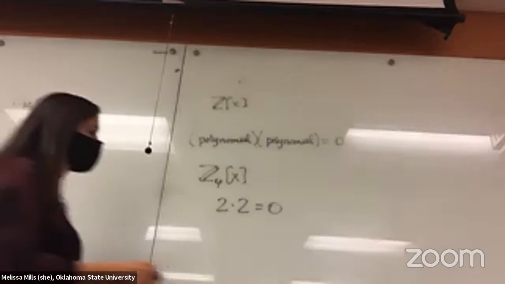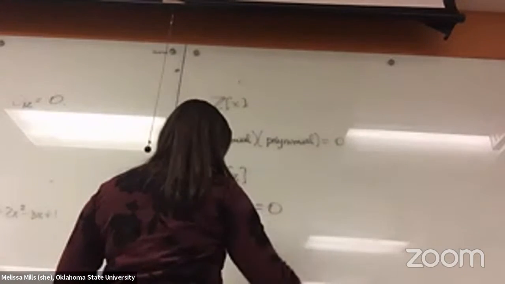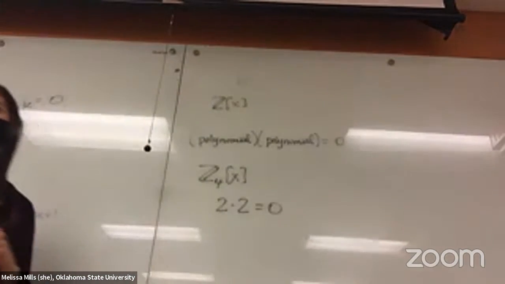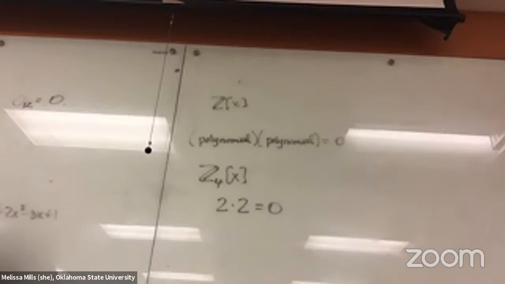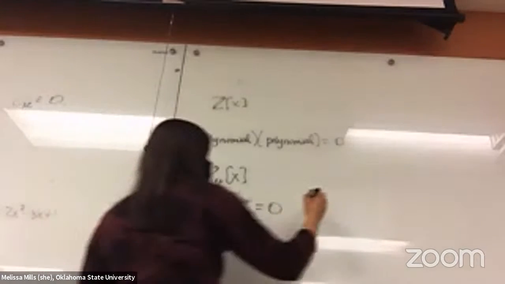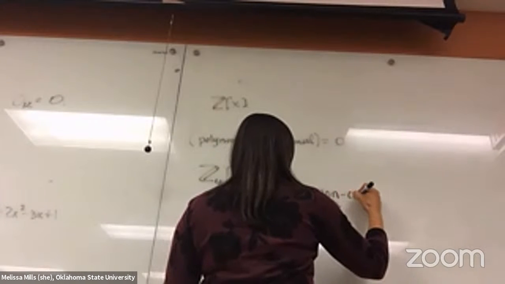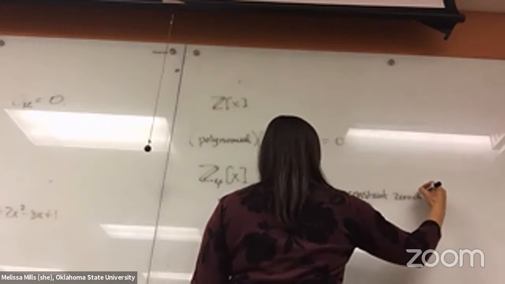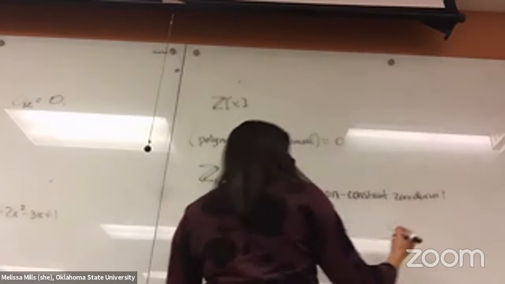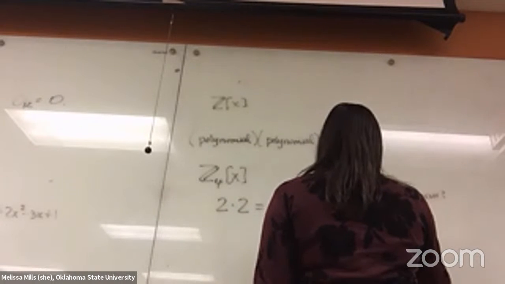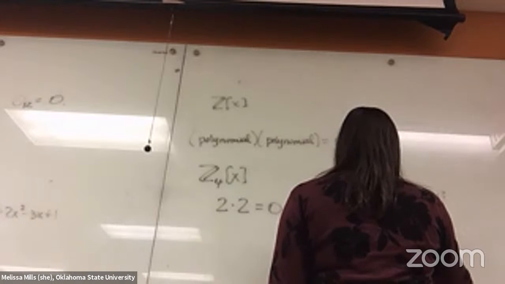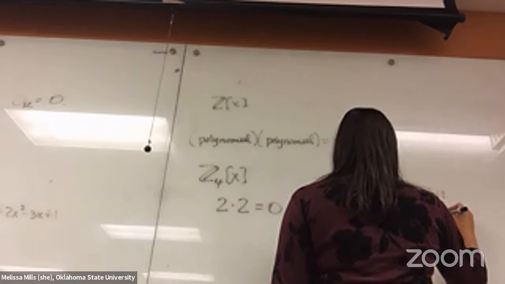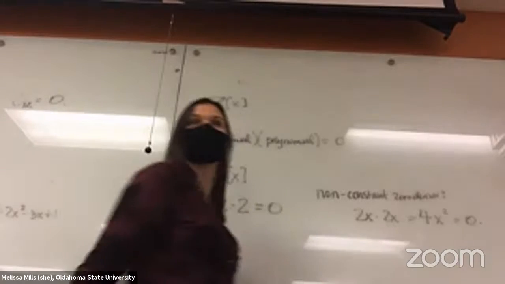So can we come up with a non-constant 0 divisor in Z mod 4 adjoin X? You'd like 2x and 2x. Okay, so 2x times 2x, that's fine, David. So that gives us 4x squared, which is 0. Right? Yeah.